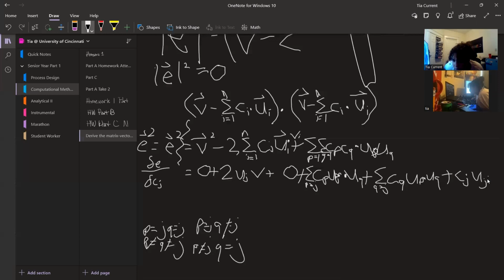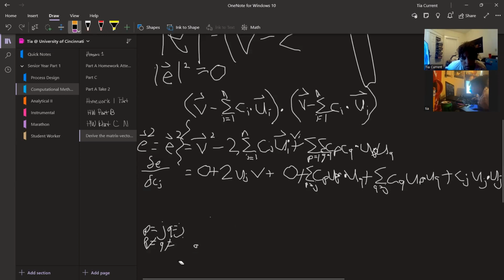I think it's 2 UJs because this is when it equals the UP and the UQ, or J is equal at the same time. I'm just going to erase this. Okay, not sure why it didn't erase when I had it on there.